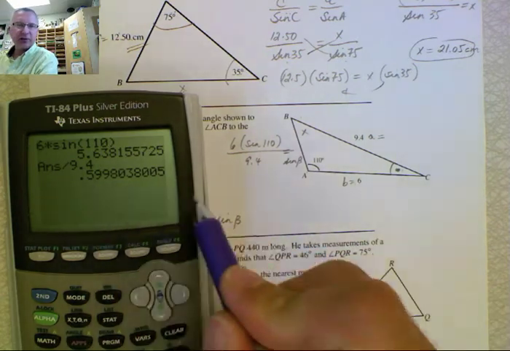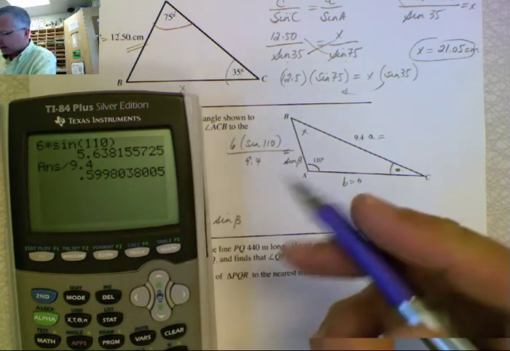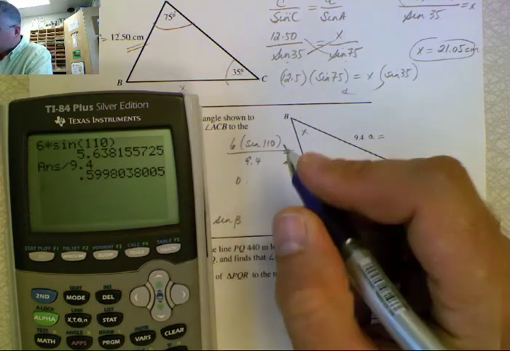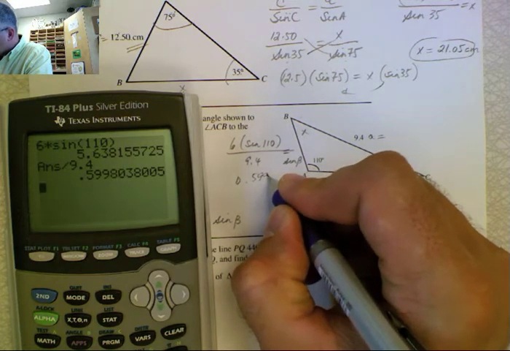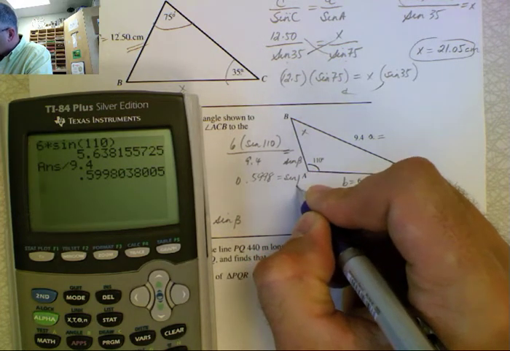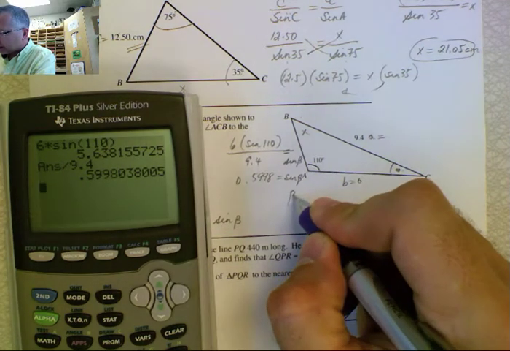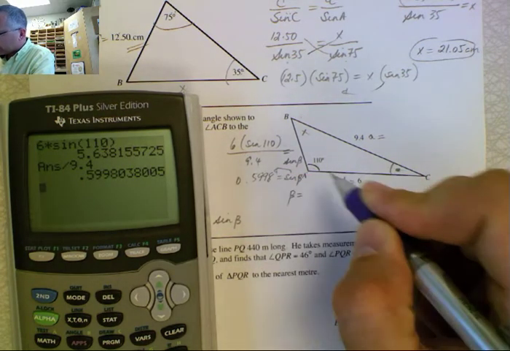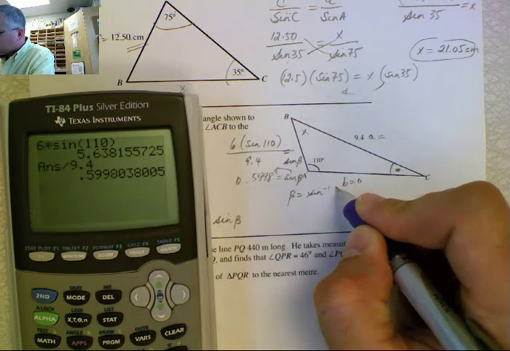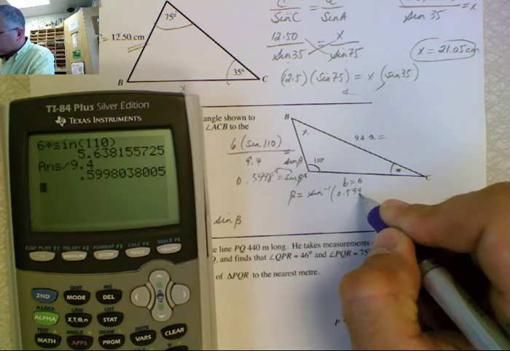Now, we need to use the whole decimal to calculate our answer, but when we write that down in our work, we're only going to write down 4 decimal places. Now, how do I get the measure of angle B? Well, I have to move sine to the other side. I have to take inverse sine of 0.5998.